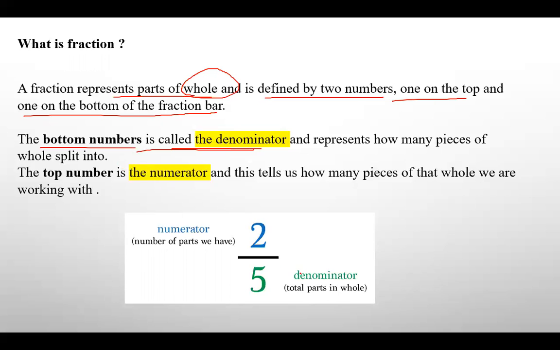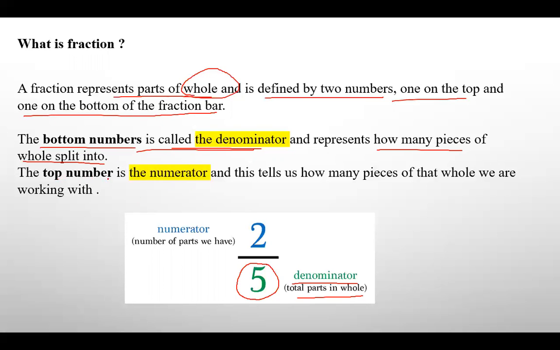The bottom number is called the denominator. It is the total number of parts in a whole, and it represents how many pieces the whole is split into. It means that there are a total of 5 parts in a whole, so it is called the denominator.